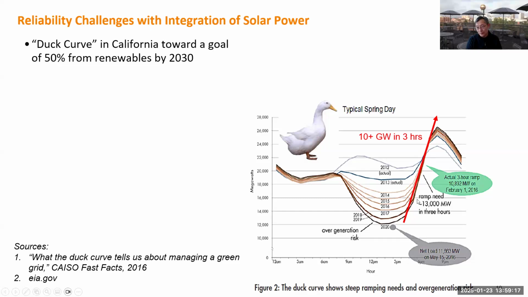If you do this math, the ramping need is about 13 gigawatts in 3 hours. So you need to increase the generation in California by 13 gigawatts. That is pretty challenging for conventional power plants.